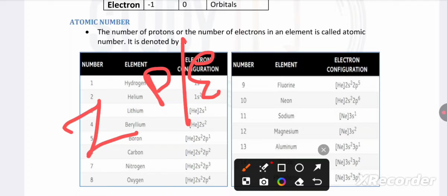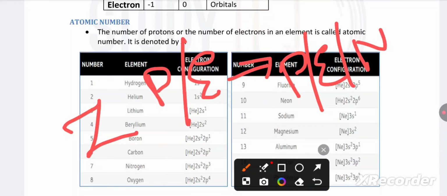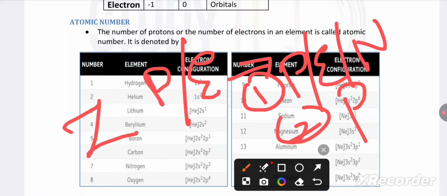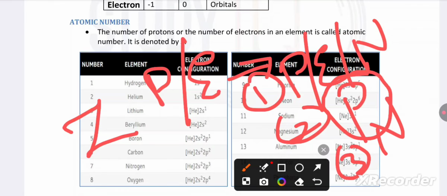Important: many questions will give options of number of proton, or electron, or neutron. If the first option is number of proton, the second is number of electron, and the third is number of neutron, definitely we need to choose proton only. Mostly we consider the number of protons as the atomic number.